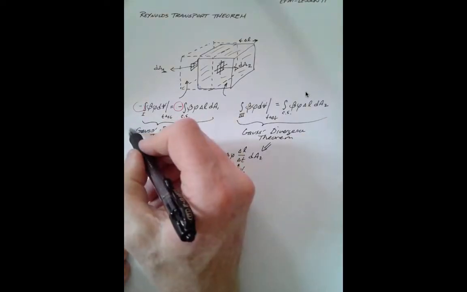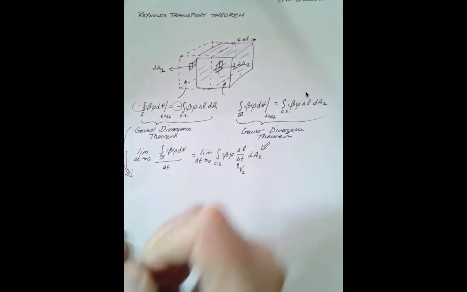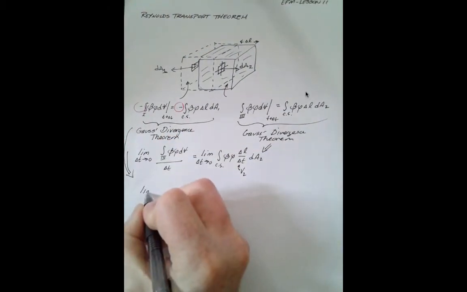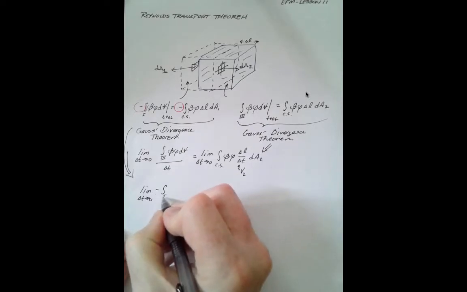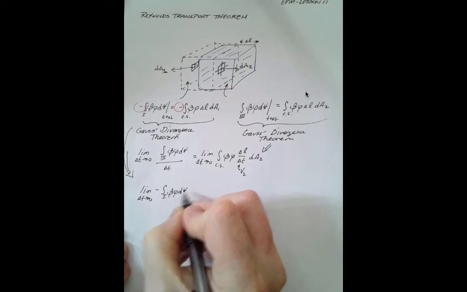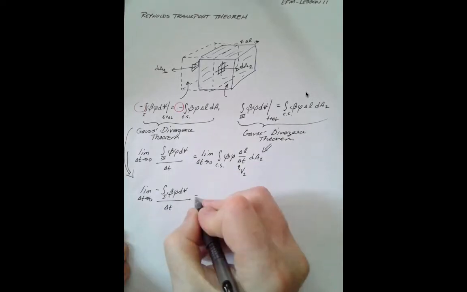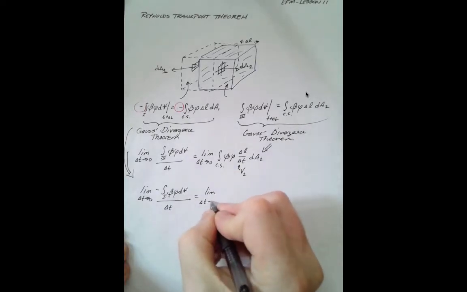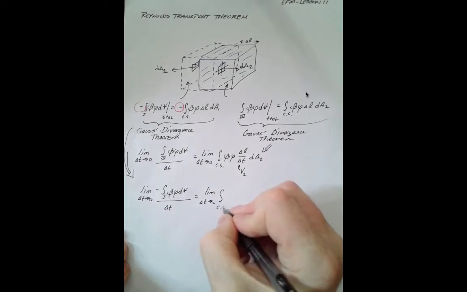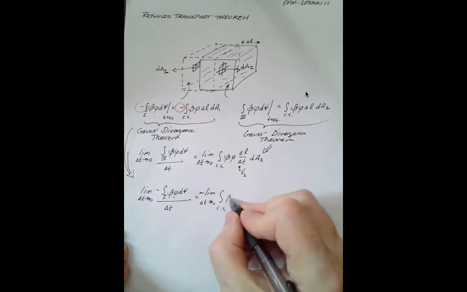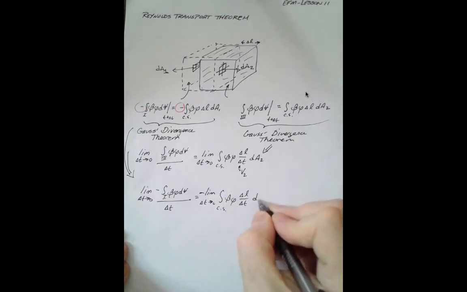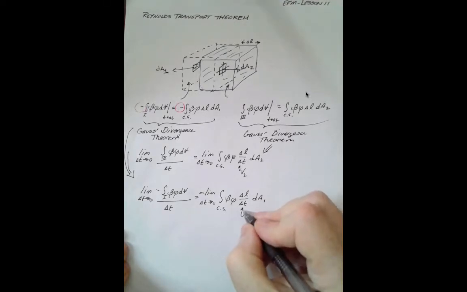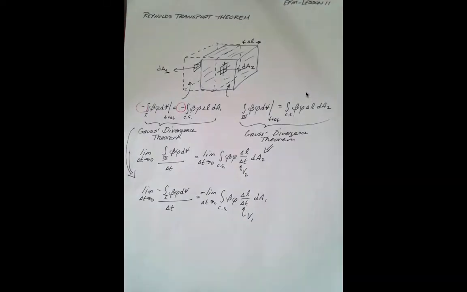We can play the same game with the negative part, and we have the limit as delta t vanishes of minus zone 1 beta rho d volume over delta t is equal to the limit as delta t vanishes over the control surface with a negative sign of beta rho delta L over delta t dA1, and in this case we'll call that the velocity at location 1.